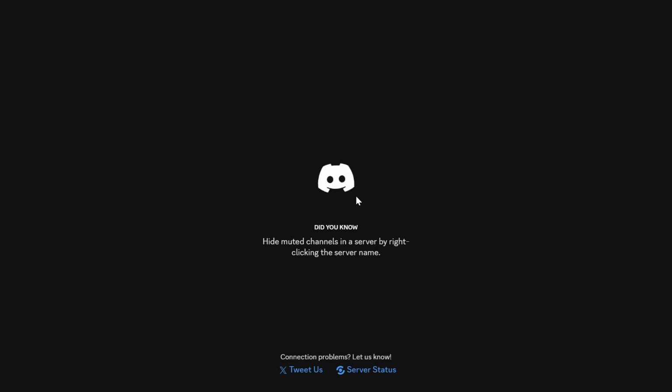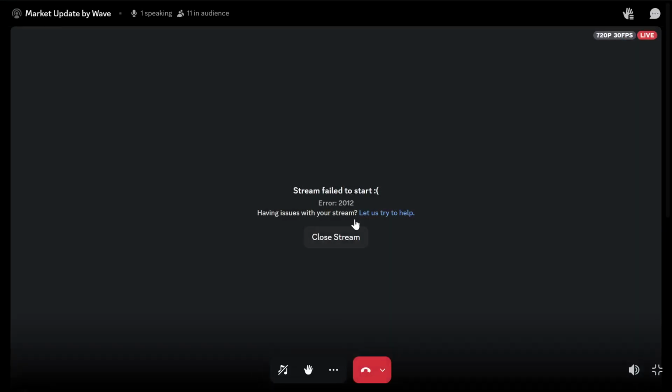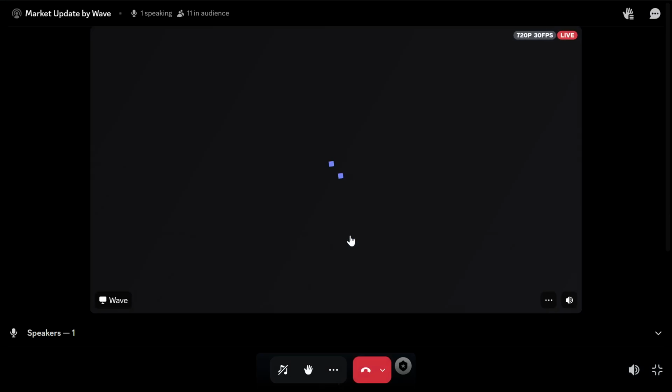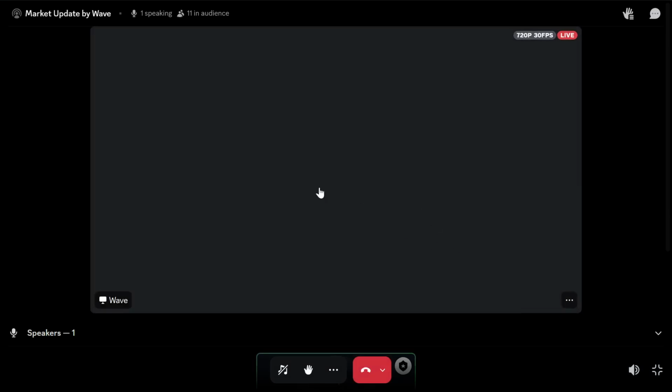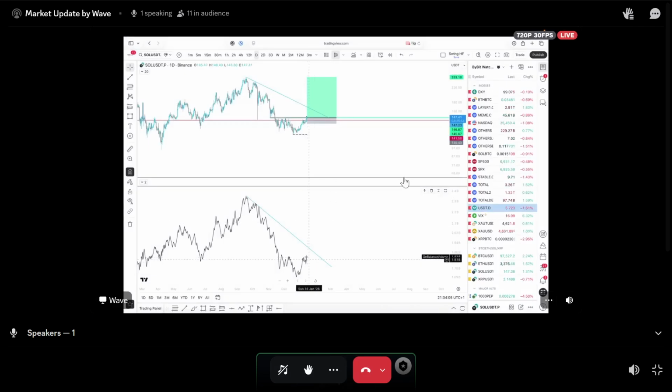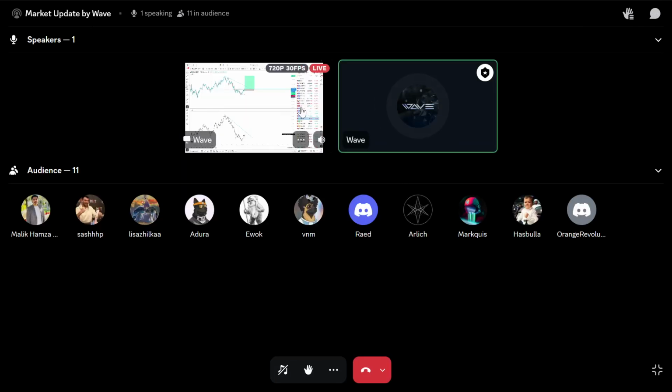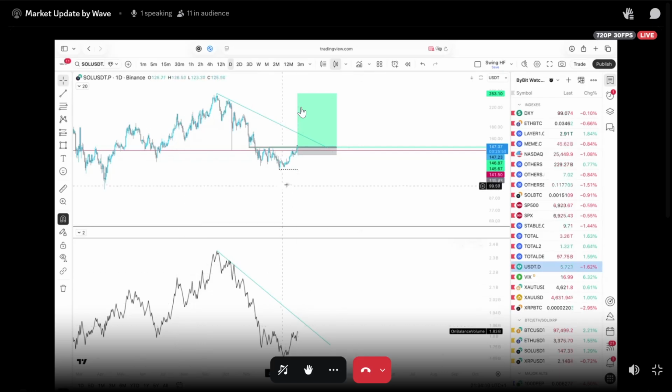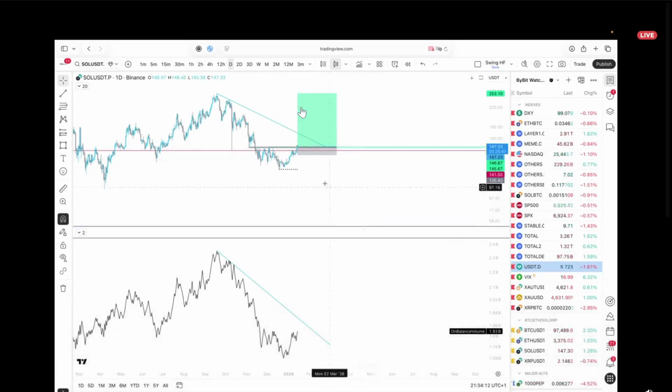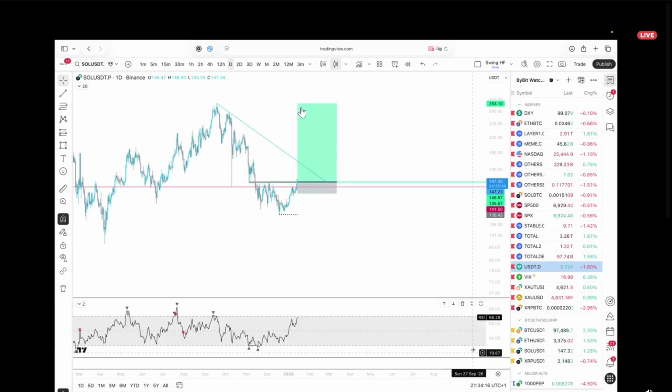Okay, no, we still have some room. Let's make it logarithmic. We can have a breakout of this trend line on the OBV before this one. In this case, it would also be nice to take a look at Sol Bitcoin here.